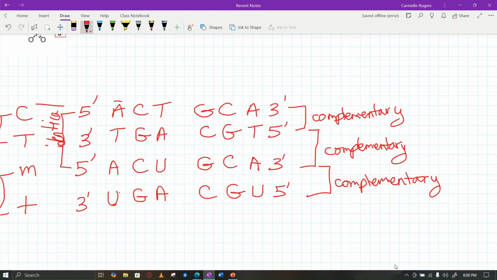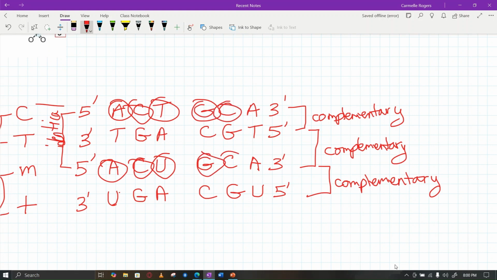And they both have A, they both have C. Remember, mRNA is a type of RNA, so instead of thymine, it will be uracil. They both have guanine and then cytosine, followed by adenine, and then we end up with our 3' end. These are identical, coding and mRNA.